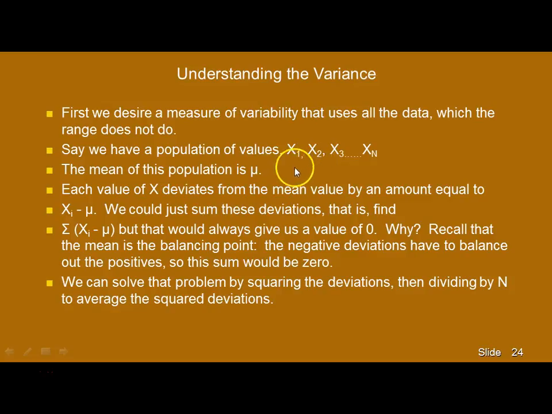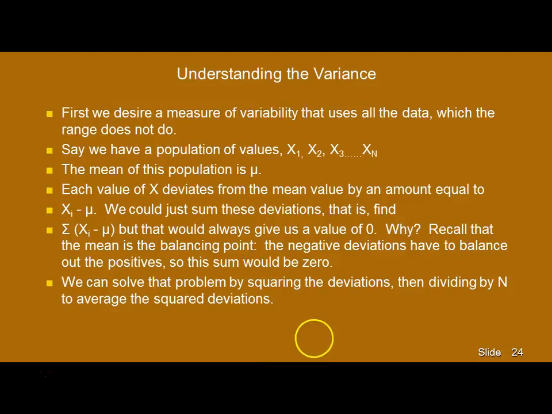But if x2 is smaller than mu, then the deviation x2 minus mu is a negative number. And remember, if the mean is really the balancing point, then the positive and negative deviations have to balance out. So the deviates will simply add up to nothing. Or as I like to remind my students, since deviates add up to nothing, you don't want to be a deviate in life, right? There's one of my few statistics jokes for the semester.